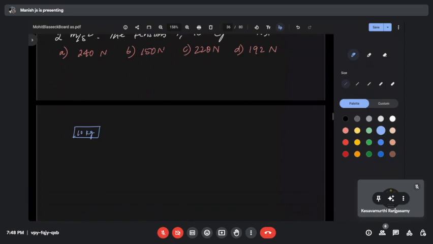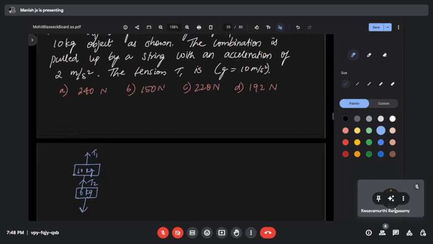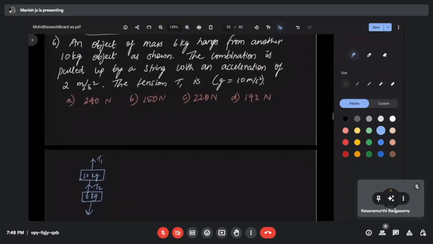There is the 10 kg block, and this is T1 on the top. This is connected to another block, the 6 kg block, and there is T2 also acting. So here T2 acts. This is the figure. Now we have to find out what is T1.